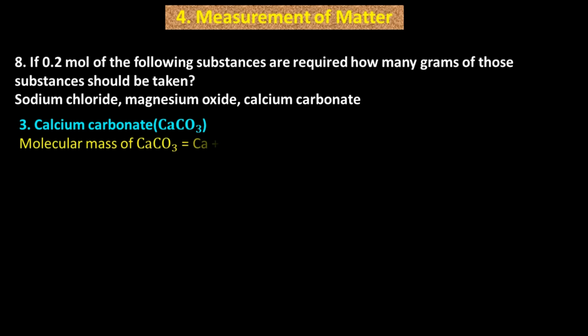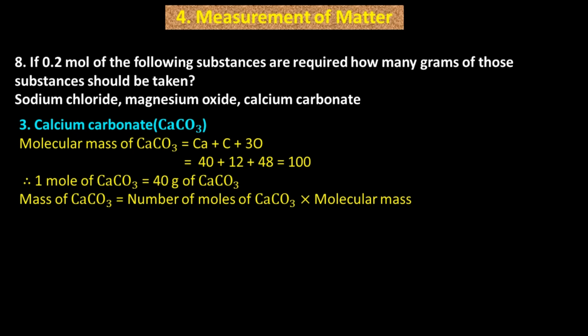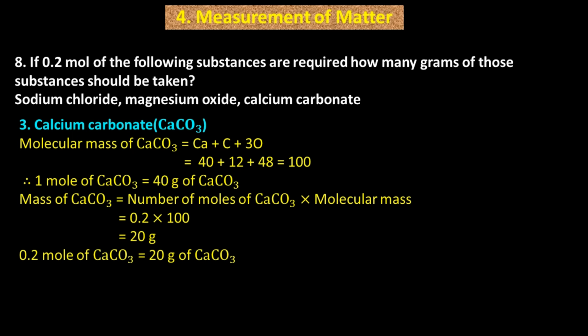Calcium carbonate. Molecular mass of CaCO3 is equal to Ca plus C plus 3O, that is 40 plus 12 plus 48 is equal to 100. Therefore, 1 mole of CaCO3 is equal to 100 gram of CaCO3. Mass of CaCO3 is equal to number of moles of CaCO3 multiplied by molecular mass, is equal to 0.2 multiplied by 100 is equal to 20 gram. 0.2 mole of CaCO3 is equal to 20 gram of CaCO3.